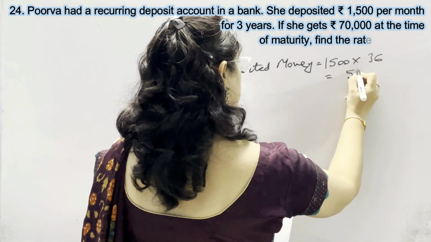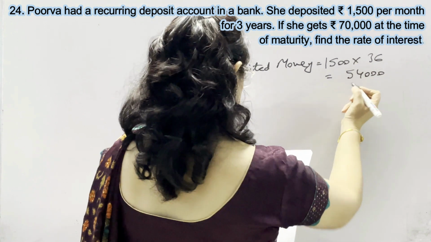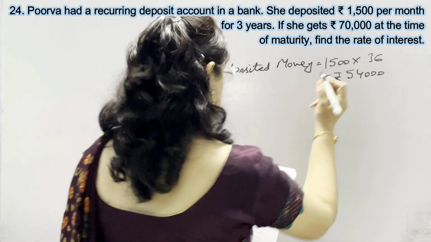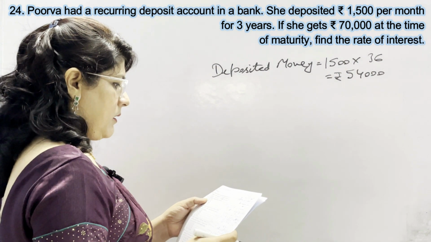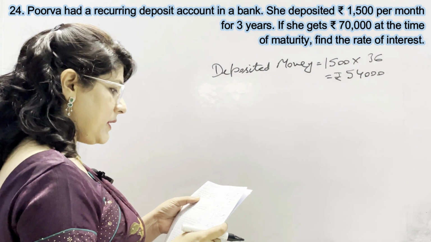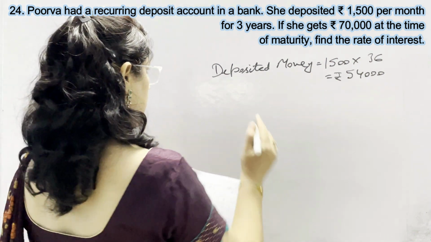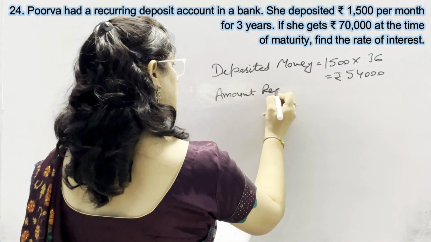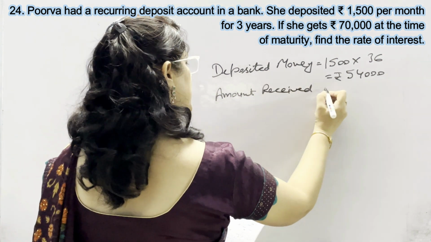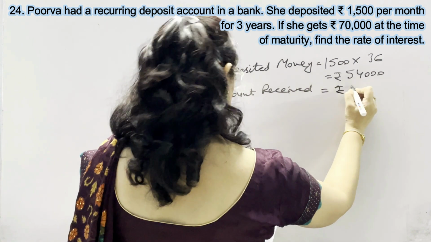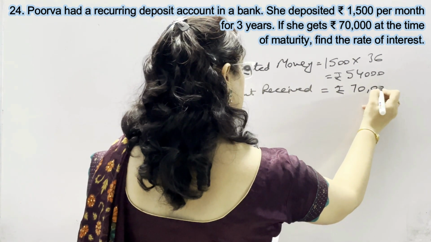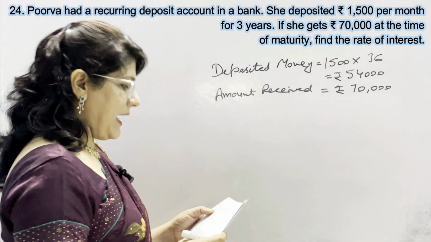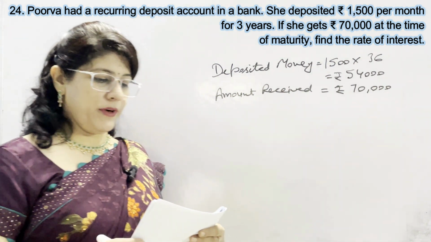Value is 54,000. This is the deposited amount. If she gets 70,000 at the time of maturity, it means amount received, or you can say maturity value is rupees 70,000. At the time of maturity, find the rate of interest.